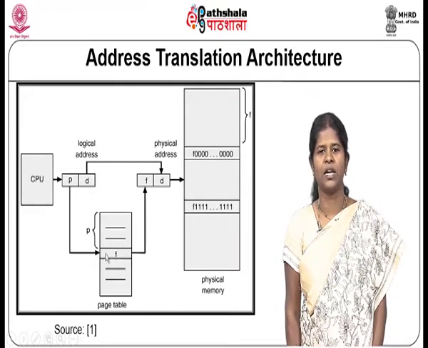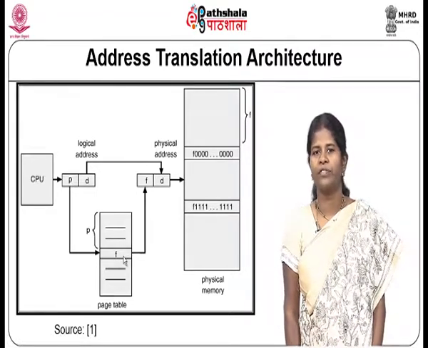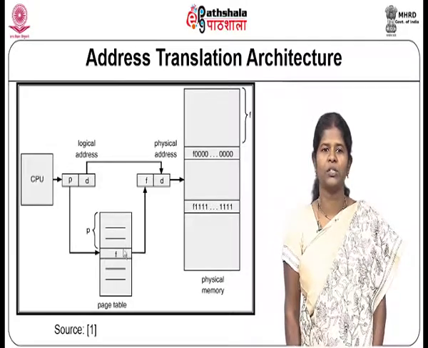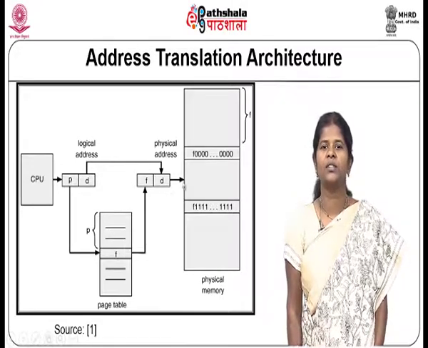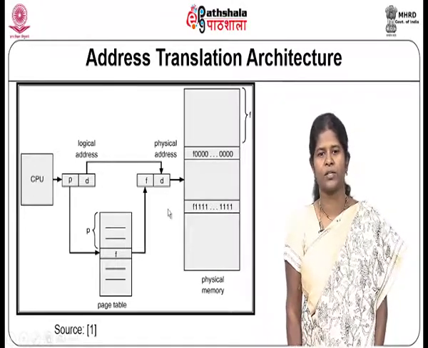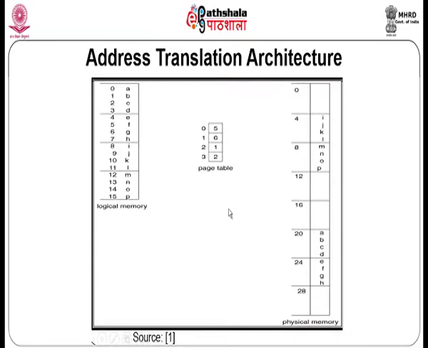You get an entry in the frame table. This entry is nothing but the base address of the frame in which that particular page is stored, and that is added to the offset from the logical address to get the exact physical address.